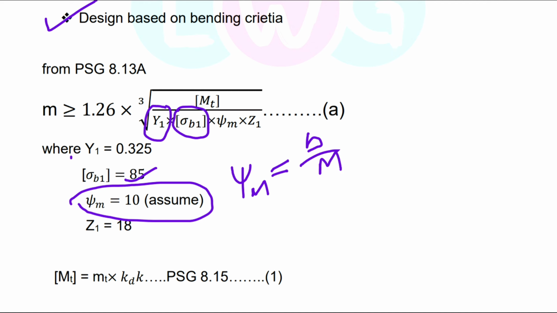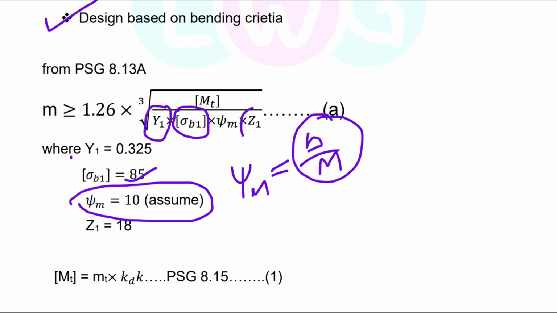But in this question we don't have these two values, and this formula is on PSG page number 8.14. From there you can get the value of psi m, but in this case we don't have these two values, so we will assume psi m is equal to 10.